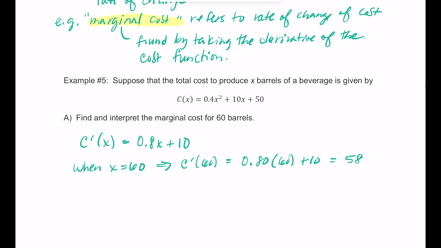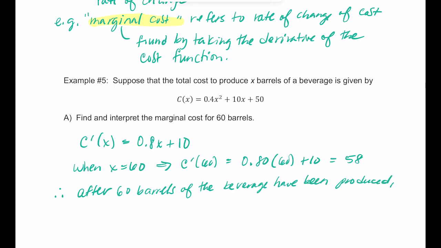So therefore, after 60 barrels of the beverage have been produced, the cost to produce one more barrel will be approximately $58.